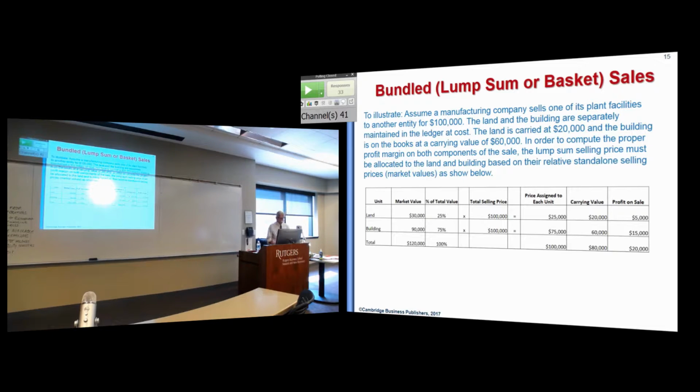Now, if we would have sold these separately, you'd have the standalone price. So if you just bought the software, it would have been 3,000. The contract for training is 5, and the software updates and support would be 2.